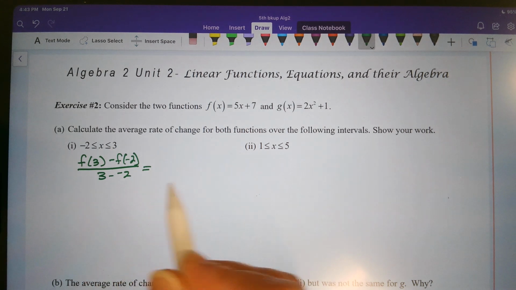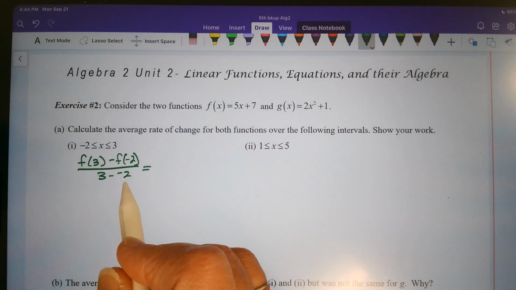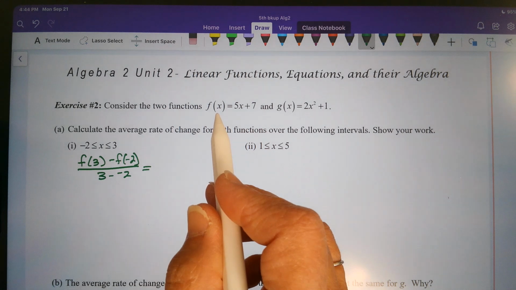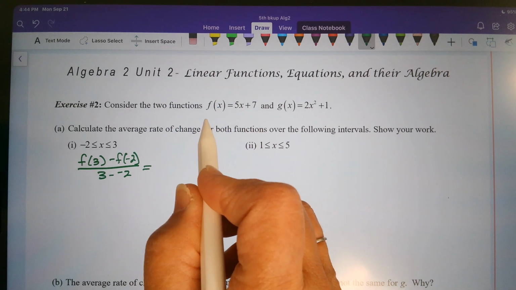Okay, now for f of 3, it does say to show your work. That means we have to put 3 in for x here. So I'll do it here.